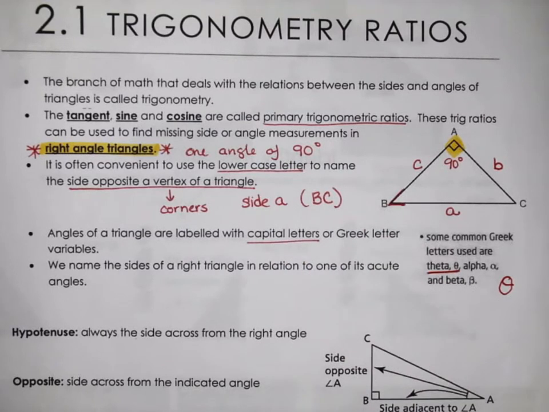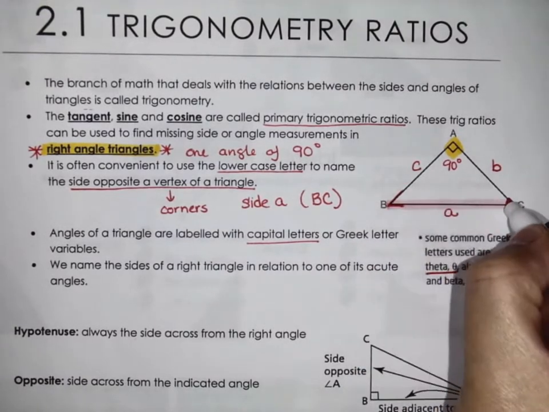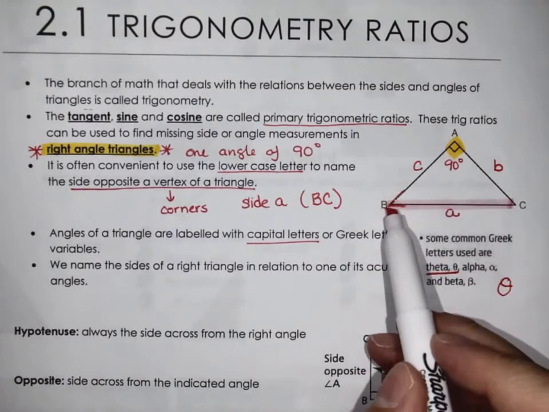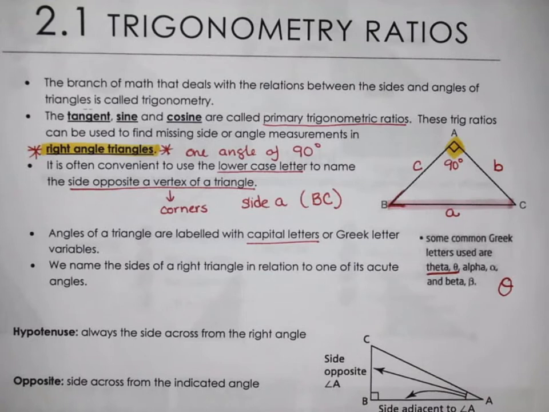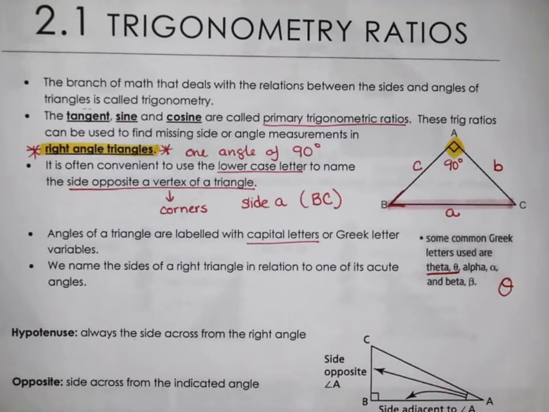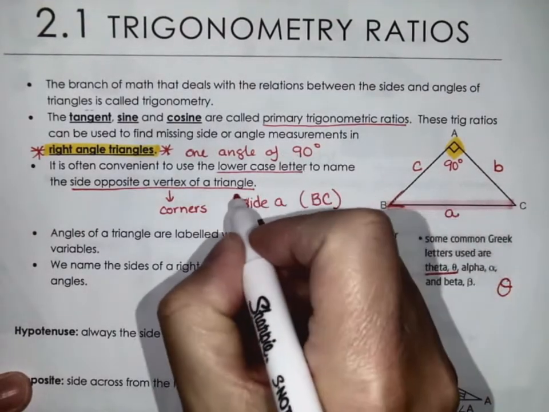Sometimes we interchange those, and I forget that maybe we don't know that yet. So looking at side A, that's going from the vertex B to the vertex C.